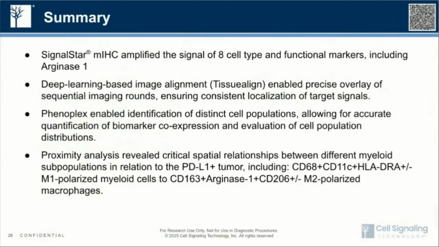We used Phenoplex by Visiopharm to enable the identification of distinct cell populations, allowing for accurate quantification of biomarker co-expression and evaluation of cell population distributions across the tissue, enabling us to see that the M1 polarized cells didn't necessarily aggregate with the M2 polarized cells. The M1 polarized cells aggregated more often at the tumor invasive margin.